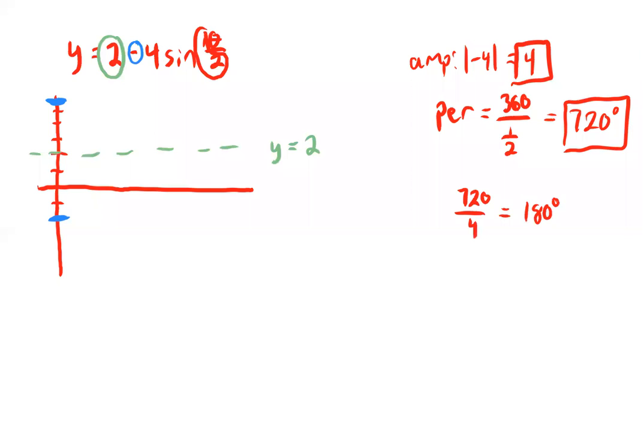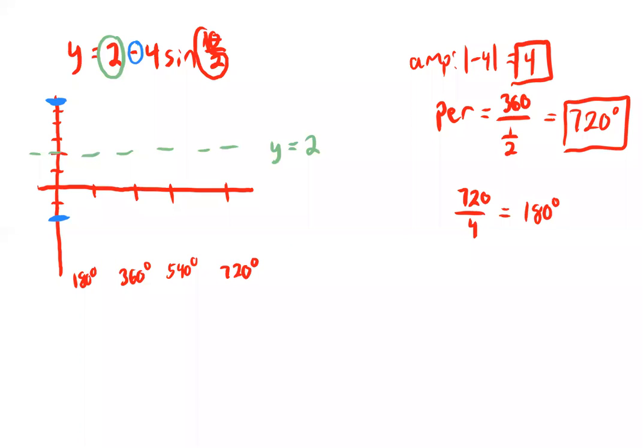So I'm going to do 1, 2, 3, 4. It's just going to make the scale by 180. So you just keep adding 180 to the previous value: 360, 540, and 720. For a sine graph, normally it passes through the origin, but this one, the whole graph is shifted up 2 units. It has a vertical translation of +2.